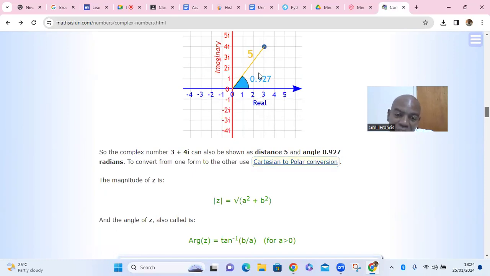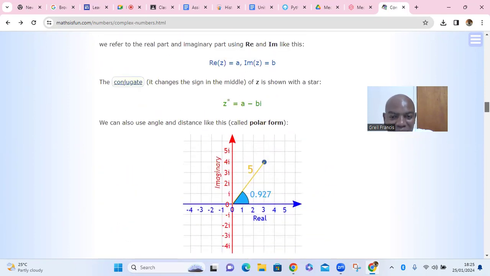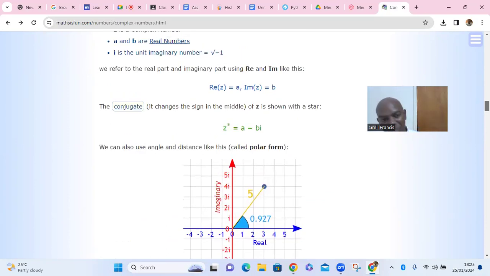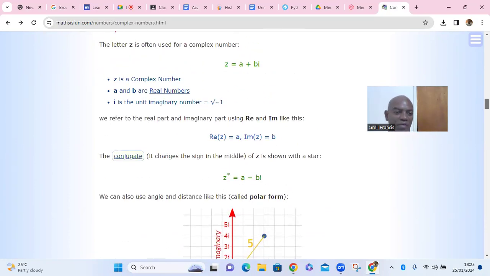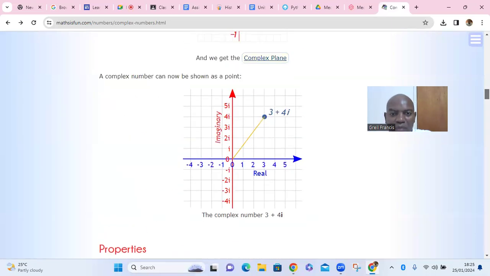So that's like the calculation, because remember, you can apply trigonometry to calculate the distance from the origin to that point. But we don't want to go right there, remember the purpose of this course. So that's why you can keep it brief. You don't have to go deep into it, but there's a lot to this.